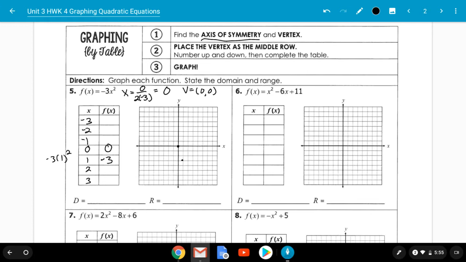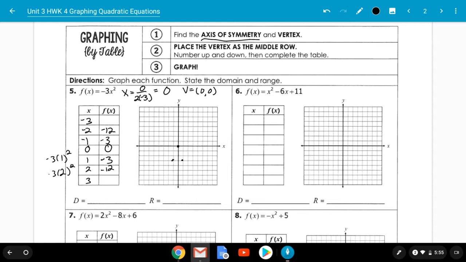Well, in reality, it's the same thing on the other side. Negative 1, negative 3. Bam, right here. Then I do the next one. Negative 3 times 2 squared. Now 2 squared is 4. 4 times negative 3 is negative 12. Now if you notice here, obviously we don't have the graph going to negative 12. Actually, first let me just do the mirror image, negative 12.